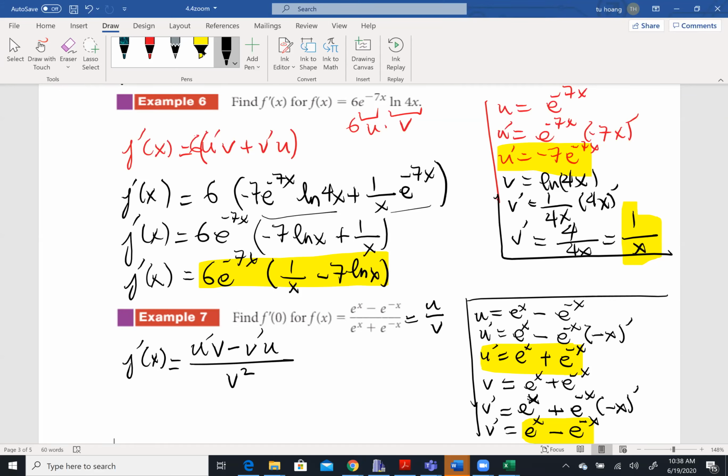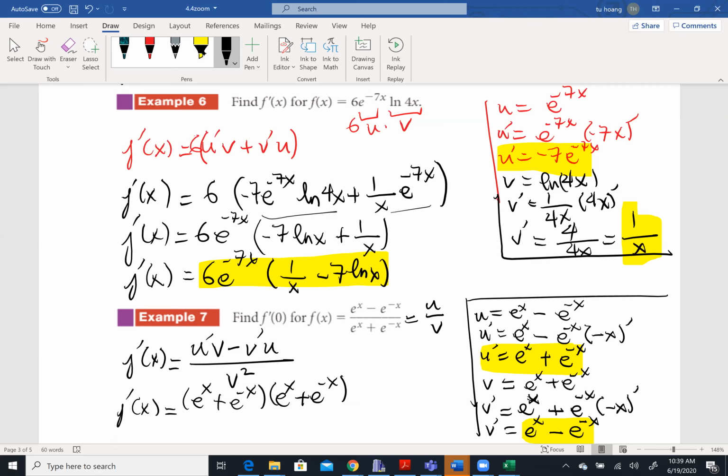Now you want to apply everything into f derivative of x. I have f derivative of x equal to u prime, which is e to the x plus e to the negative x, and then multiply with v, which is e to the x plus e to the negative x.